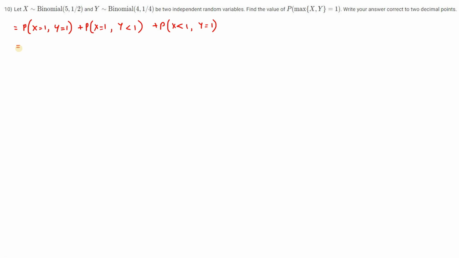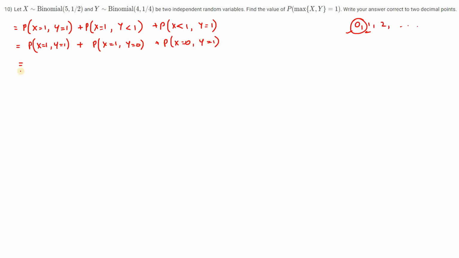Now here they have specifically given a value for the max x and y. So what is less than 1? What are the different values that a random binomial variable can take less than 1? Binomial starts from 0, right? 0, 1, 2 and so on. So what is less than 1? It is only one value, that is 0. Now I will substitute here probability of x equal to 1 comma y equal to 1 plus probability of x equal to 1 comma y is equal to 0 plus probability of x equal to 0 comma y is equal to 1.